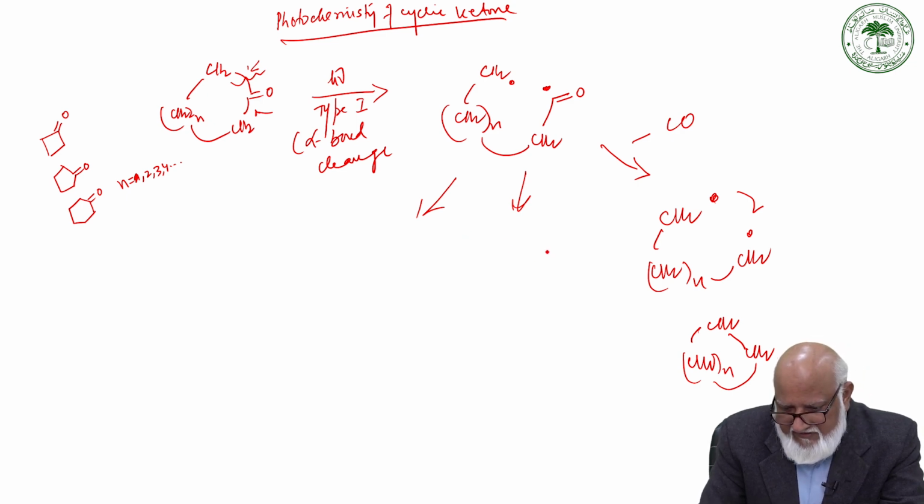When it abstracts the hydrogen atom, one end will become a double bond and the other end will become an aldehyde.